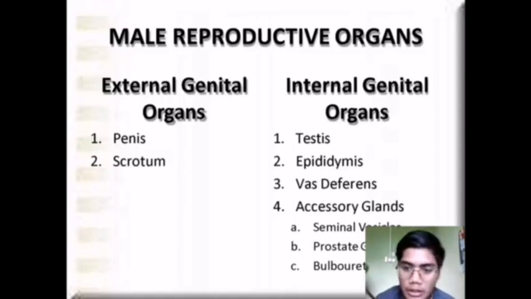Meanwhile, the internal genital organs have four: testis, epididymis, vas deferens, and accessory glands. The accessory glands have three: the seminal vesicle, prostate gland, and bulbourethral gland. Proceed to the next slide.